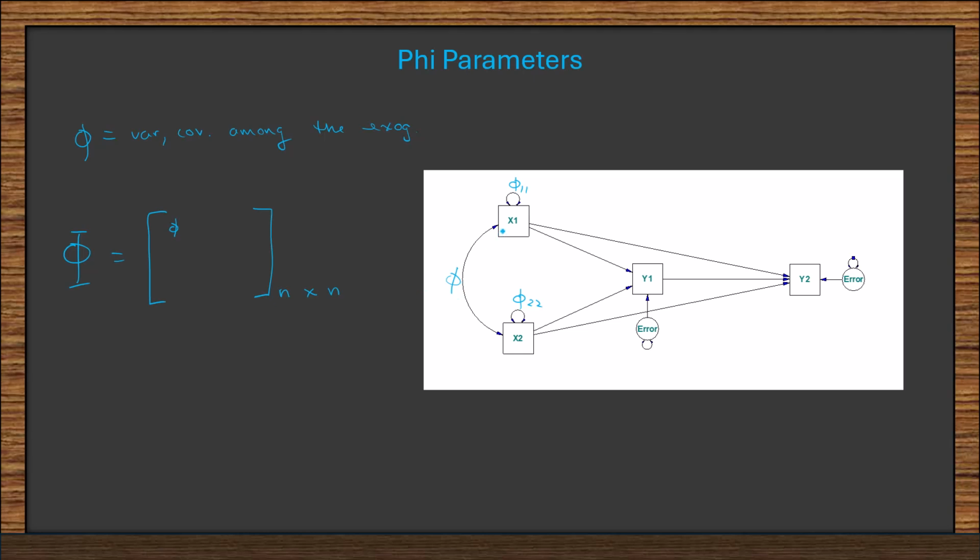And then the covariance between x1 and x2, you can either write 1, 2 or 2, 1. It doesn't matter. So here we'll have phi 1, 1. That's the variance of x1. Phi 2, 2 is the variance of x2. And then finally, phi 2, 1. And I'm going to leave the upper part here blank because it's a symmetric matrix, and phi 1, 2 is identical to phi 2, 1.